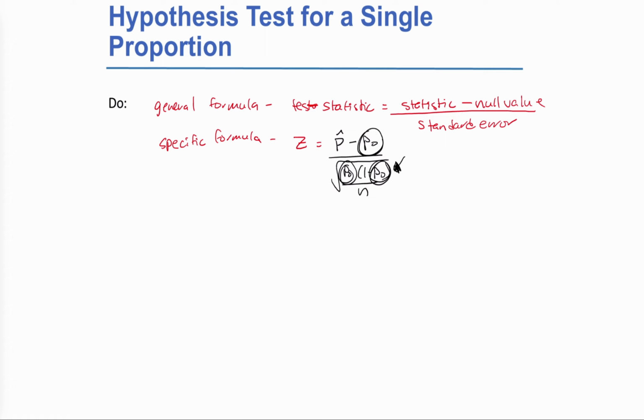So now we plug the numbers in. That's going to be 0.85 minus 0.5 over the square root of 0.5 times 1 minus 0.5 over 670.